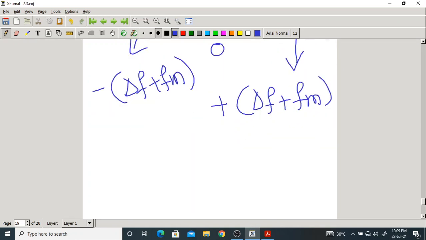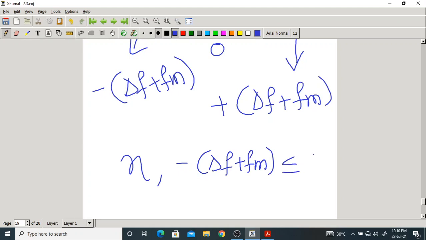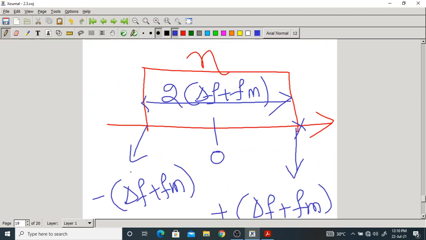Okay, otherwise what you can write? It is eta for minus delta f plus fm less than or equal to f less than or equal to delta f plus fm. This is the mathematical expression. Please remember this, very very important.